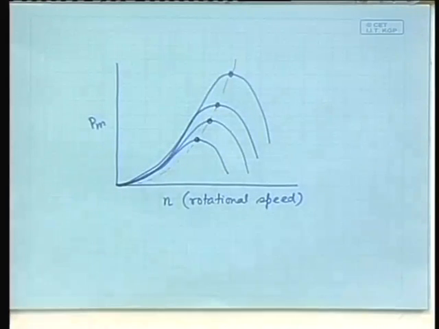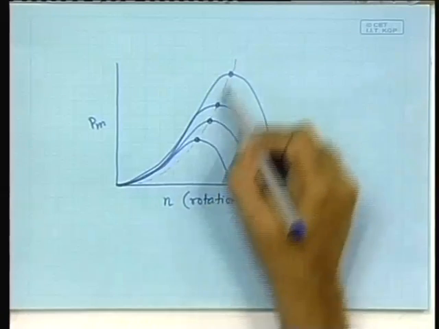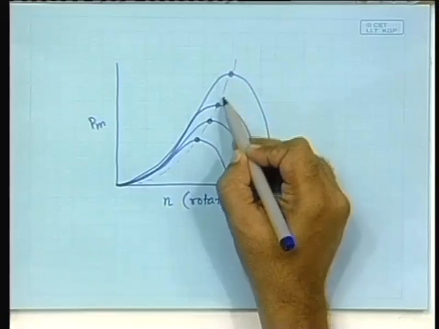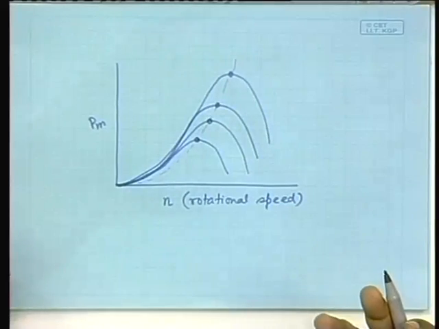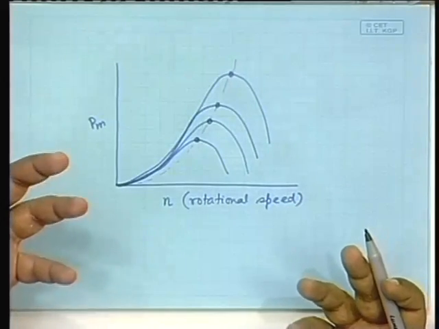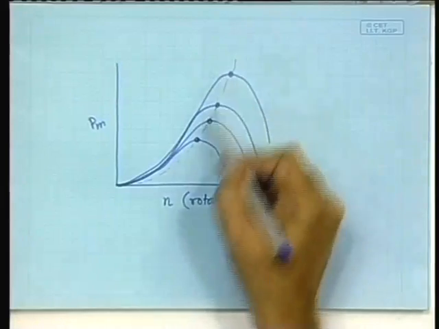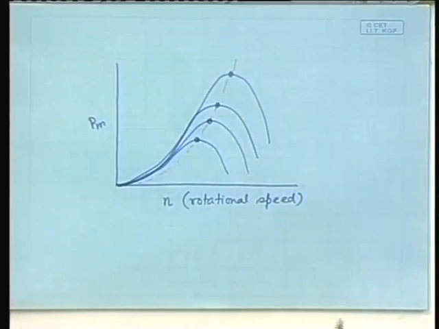It is cubically proportional to the speed of rotation. So, is that clear? The peaks are related to the maximum Cp, optimal Cp. If you are looking at optimal Cp, they should relate this way.